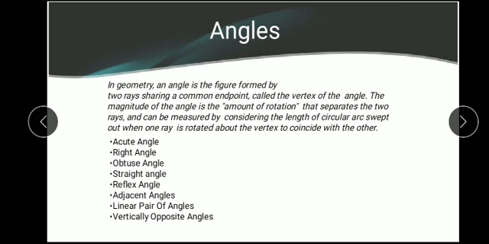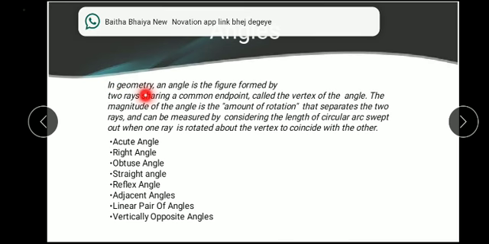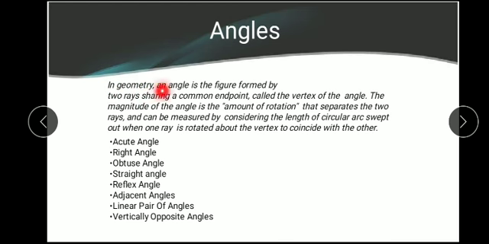Now angle. We will learn what is an angle and how many types of angles there are. In geometry, an angle is the figure formed by two rays sharing a common endpoint called the vertex of the angle.